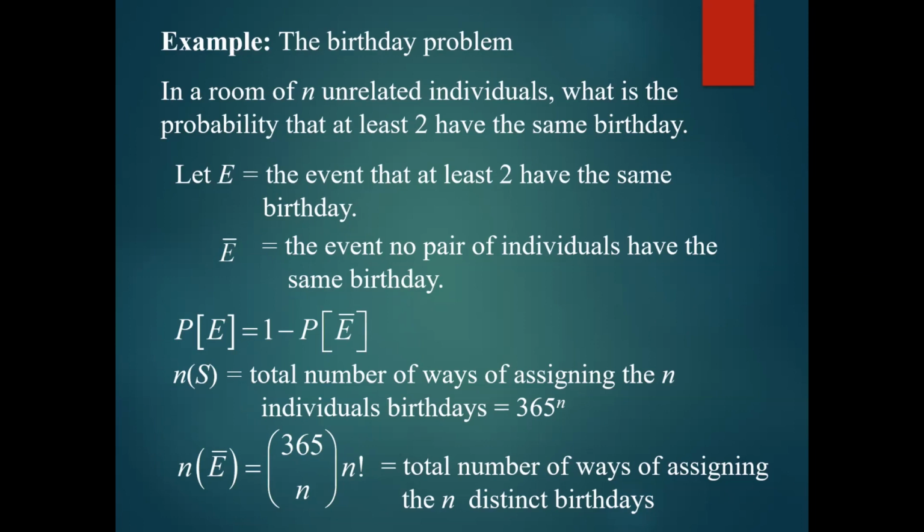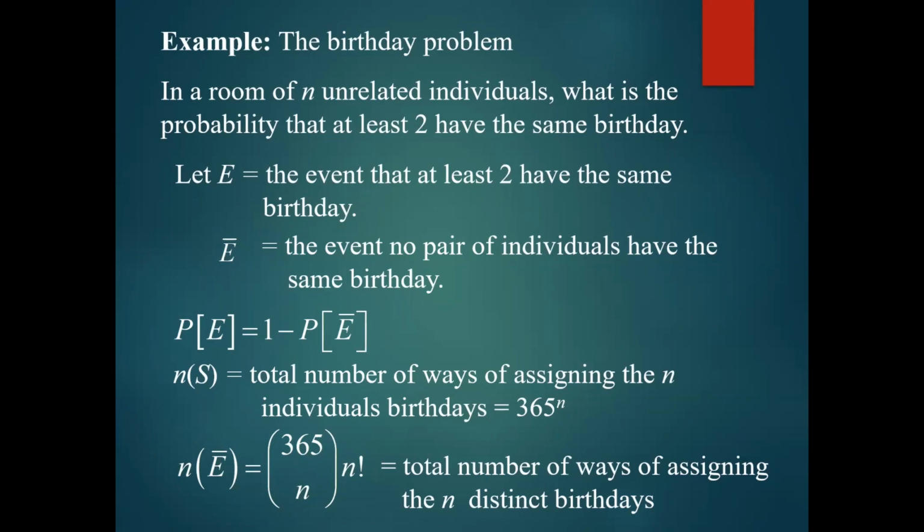That's the sample space. So later, that's what we are going to use as the denominator. Okay, and then let's count the number of ways we can assign birthdays such that no two individuals have the same birthday.